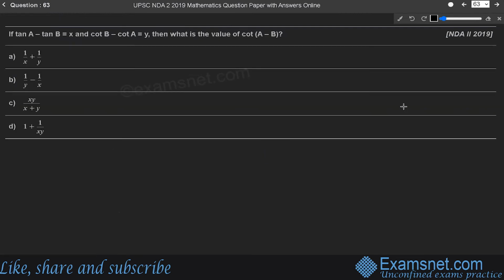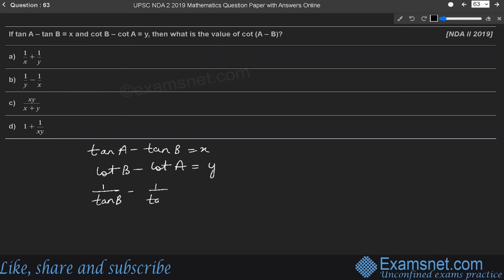Next question is, if tan A minus tan B is equal to x and cot B minus cot A is equal to y, then what is the value of cot(A minus B)? We know that this expression can be written as 1 upon tan B minus 1 upon tan A is equal to y.